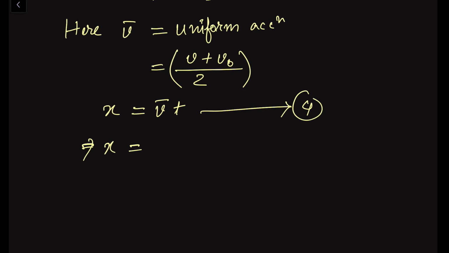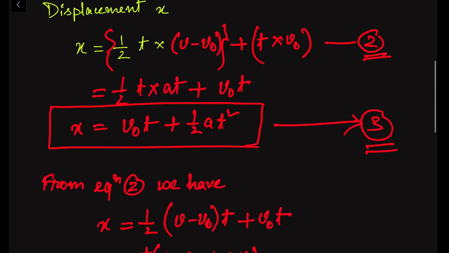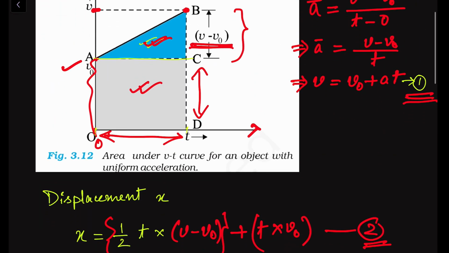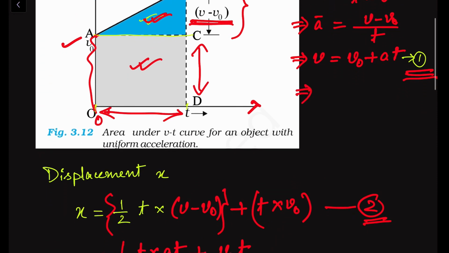Then we can write V plus V0 divided by 2, and we can calculate t from the first equation. In the first equation we can see that V is equal to V0 plus AT. So from here, if we want to find t, we will have V minus V0 divided by A. This one is obtained from equation 1.